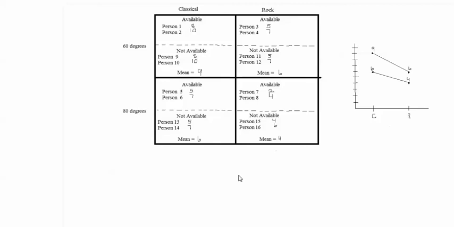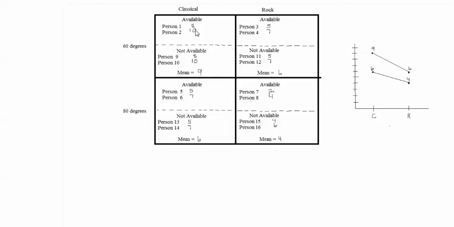Find out whether there was an interaction between type of music and temperature. We have to combine everything back down into a 2x2 design, in which the columns are the types of music and the rows are the temperatures, like they are here. And the third independent variable of availability of water is just being ignored. So what we have here is the average of all 4 numbers.